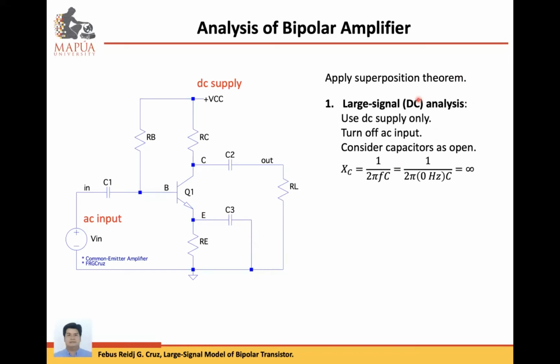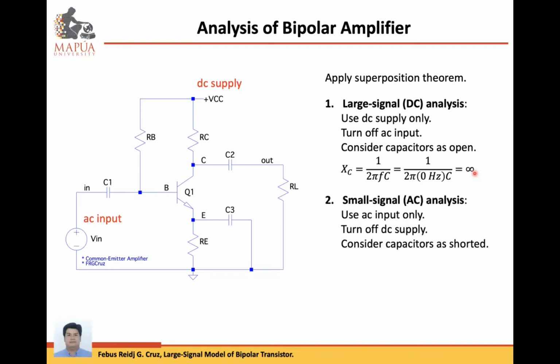But for our DC analysis, all of the capacitors will be considered as open circuit. When there is a DC supply, the frequency is equal to 0 Hertz. Therefore, the capacitive reactance is equivalent to infinity, so the capacitor will behave like an open circuit. Those are the assumptions.